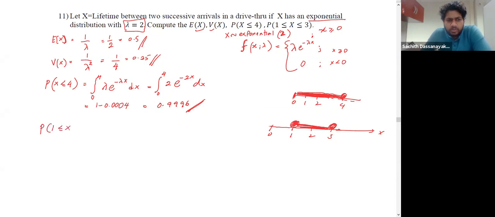So 1 less than or equal to x less than or equal to 3, which means your new boundaries are 1 to 3. The integral is 2 e to the power negative 2x dx. This becomes negative e to the power negative 2x from 1 to 3, which is 0.1328.